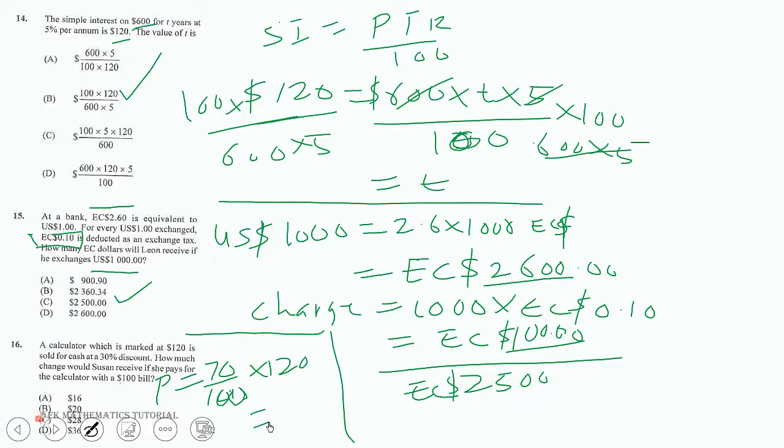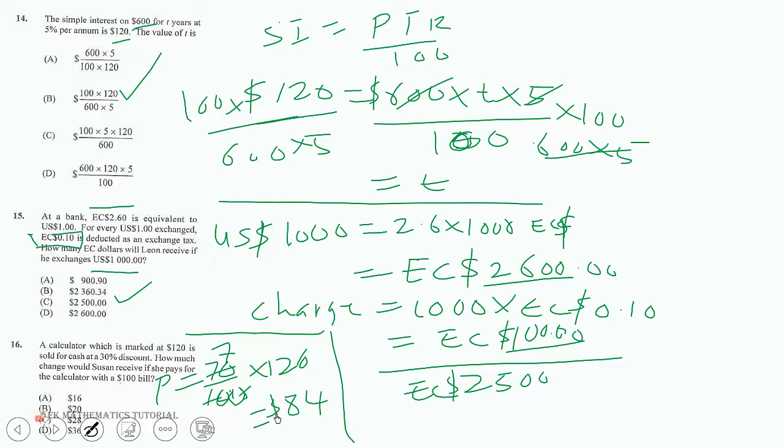So this will be equal to 10 will go into 170 times 12. 7 10 70, 7 11 77, 7 12 84. So that is 84. That is the price of the calculator. Now that is the amount that you pay.